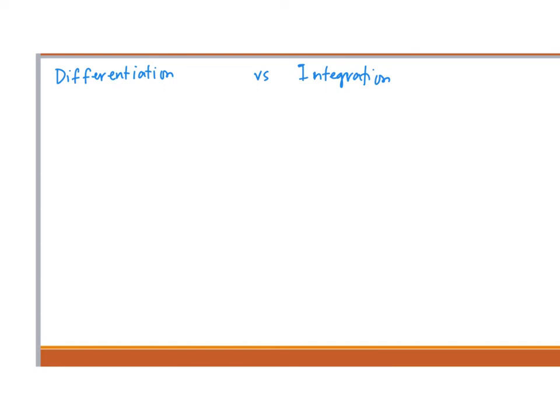For rule number 5, let's look at the chain rule shortcut for powers.